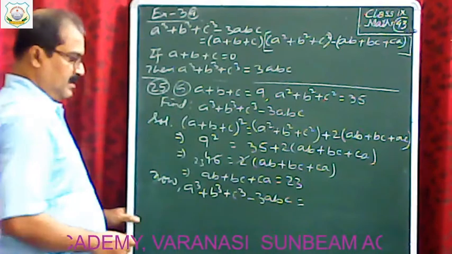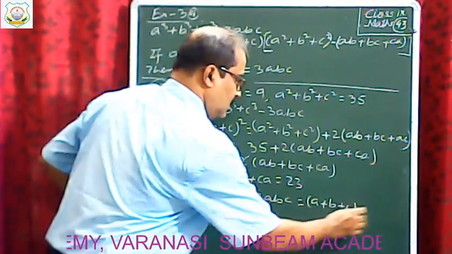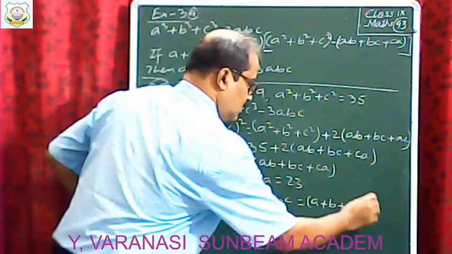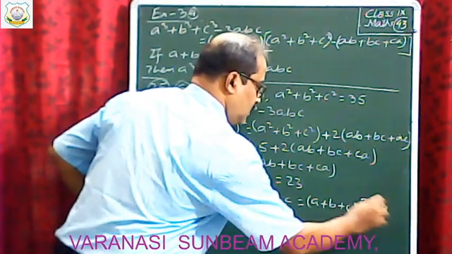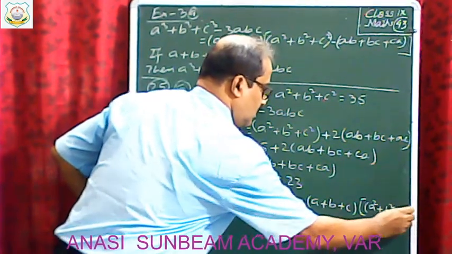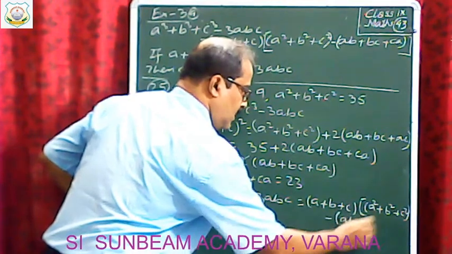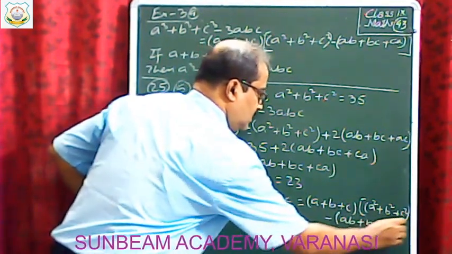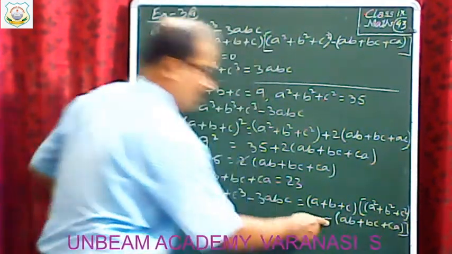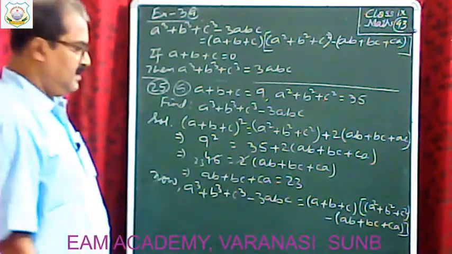That is equal to a plus b plus c, you have to write a plus b plus c. Thereafter a square plus b square plus c square minus ab plus bc plus ca. You have taken out minus, that's why within the bracket you write ab plus bc plus ca.